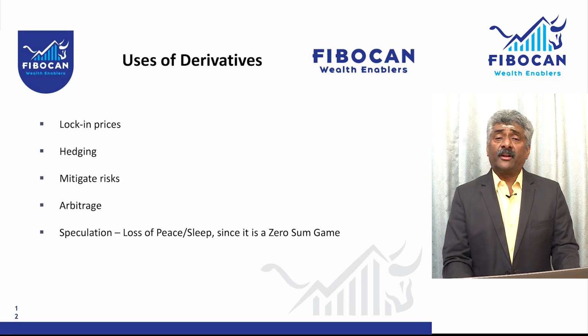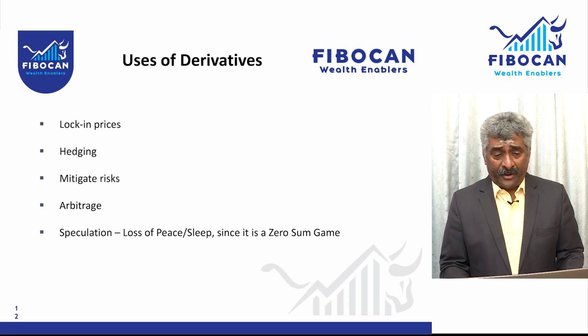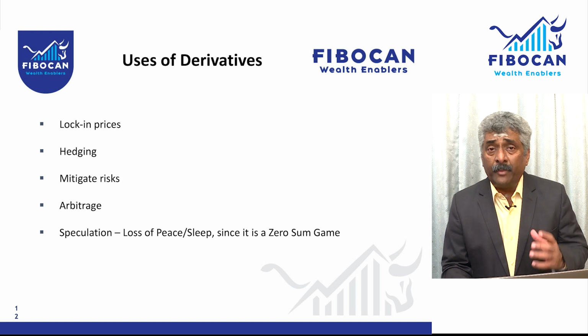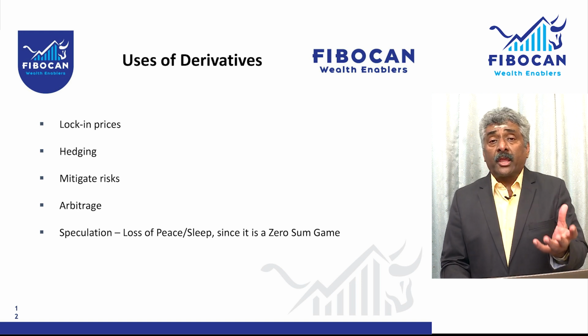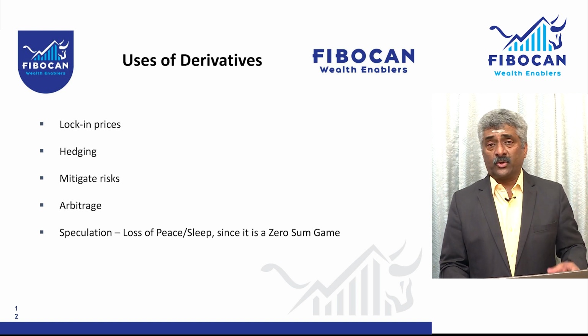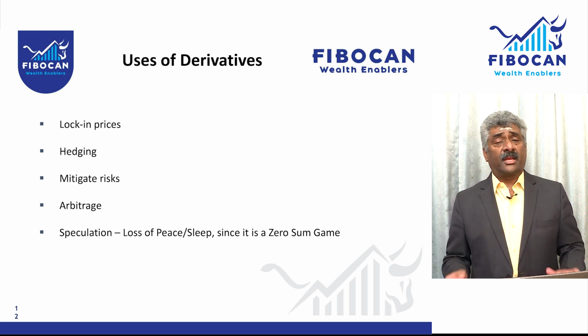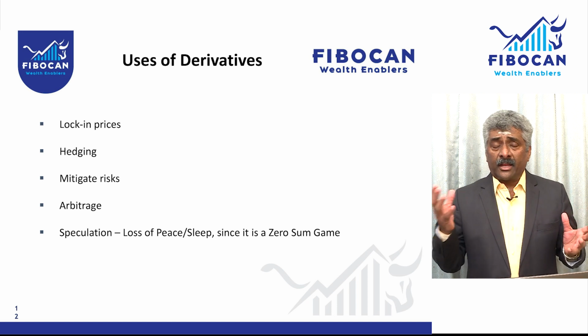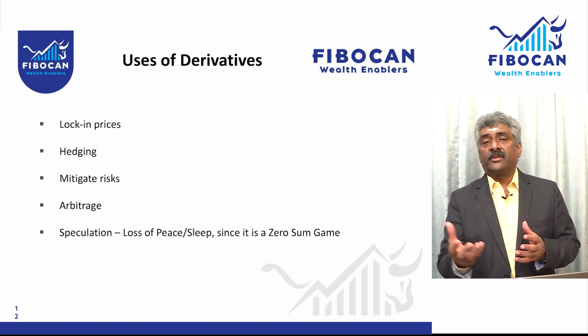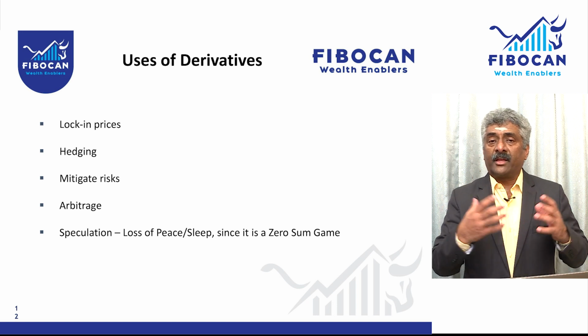So, uses of derivatives, again we repeat: locking in prices, which you have seen in the forward contract, and hedging, like how a farmer hedges his farm produce that is going to come, and how he mitigates his risk by locking the price and getting a commitment to buy his products. So that is useful. Arbitrage, as I gave the example, is taking advantage between two markets, buying in one market where the price is low and selling in another market where the price is high.